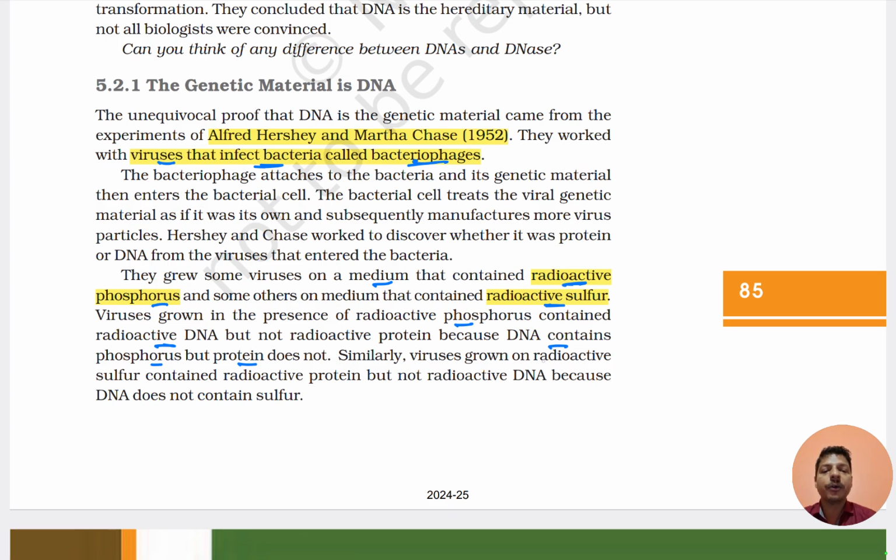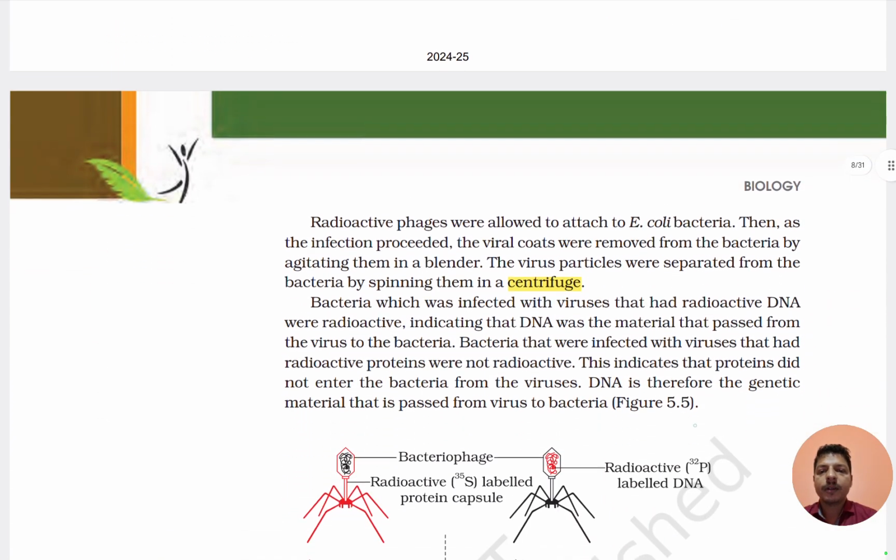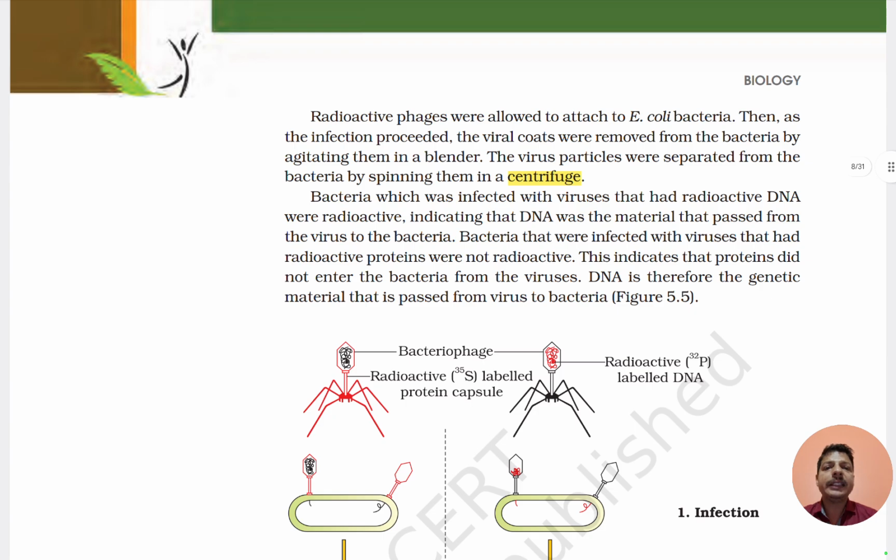Similarly, viruses grown on radioactive sulfur contain radioactive proteins but not radioactive DNA, because DNA does not contain sulfur. Then radioactive phages were allowed to attach to E. coli bacteria. As the infection proceeded, the viral coats were removed from the bacteria by agitating them in a blender. The virus particles were separated from the bacteria by spinning them in a centrifuge.